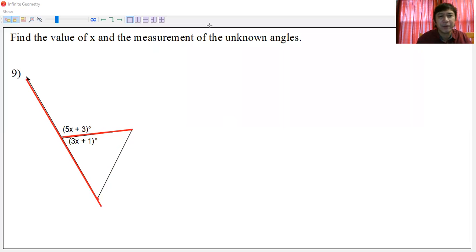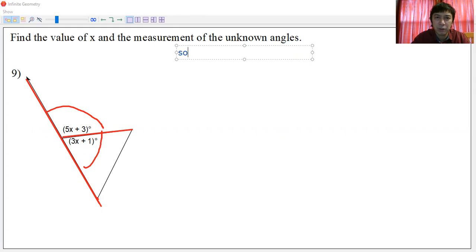The straight line here means when you add this angle and this angle, that forms a straight angle. So this is a supplementary angle pair, and so we can set up our equation.